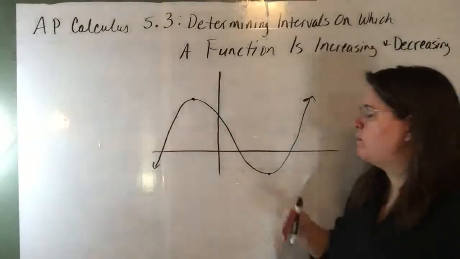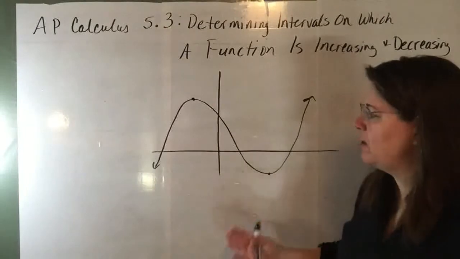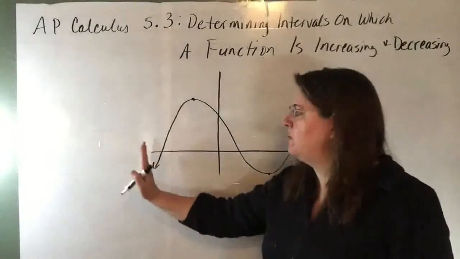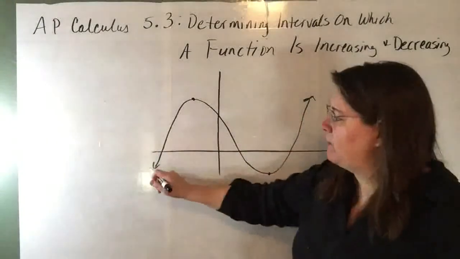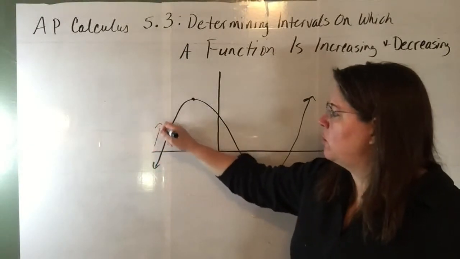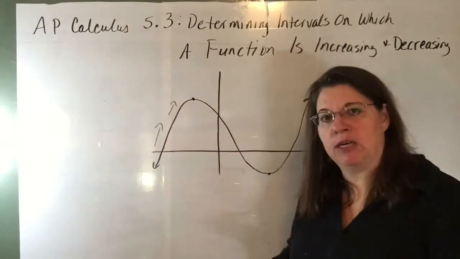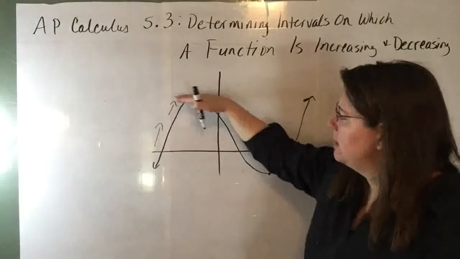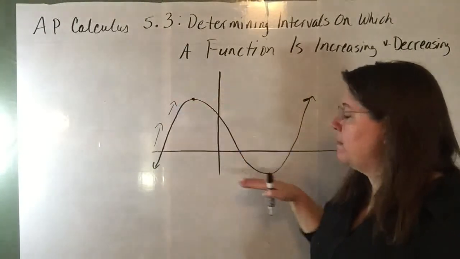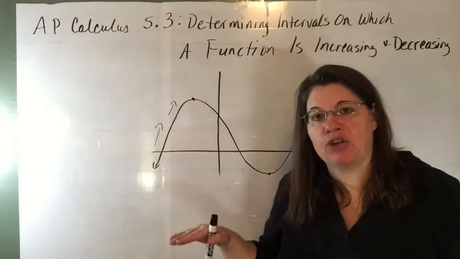We know, based on previous knowledge, that a function is increasing as x moves from left to right if the function is going in an upward direction. And that maximum or the minimum will change the direction of the function.